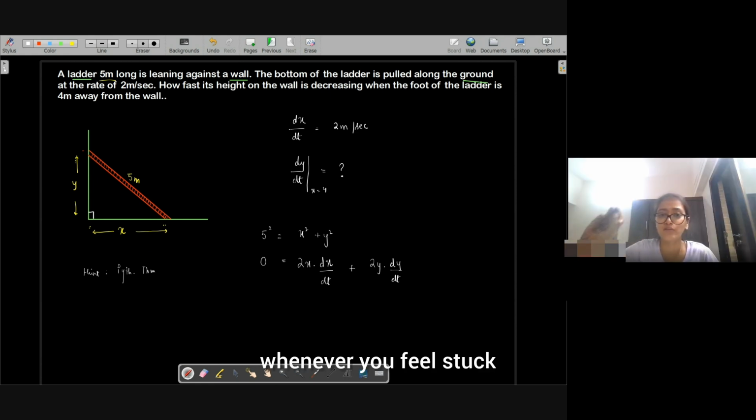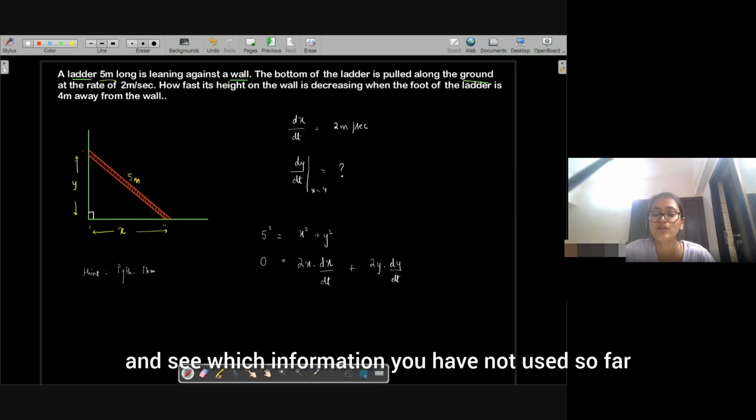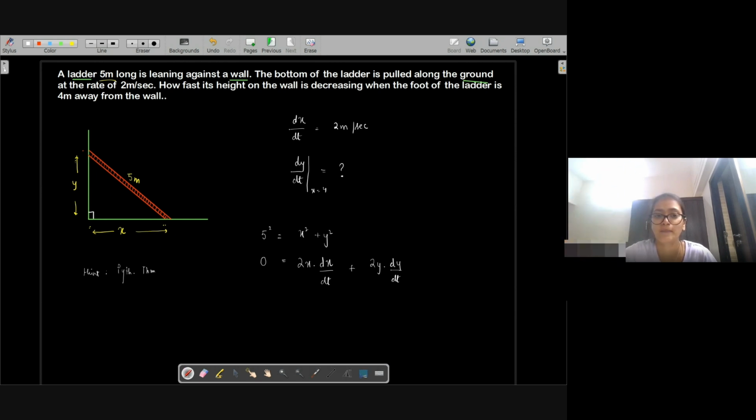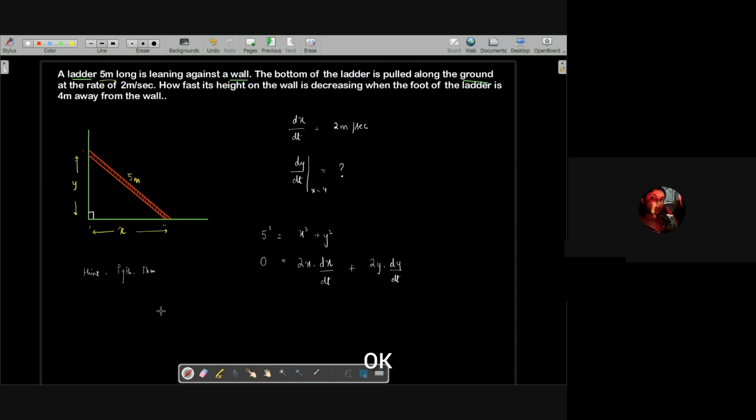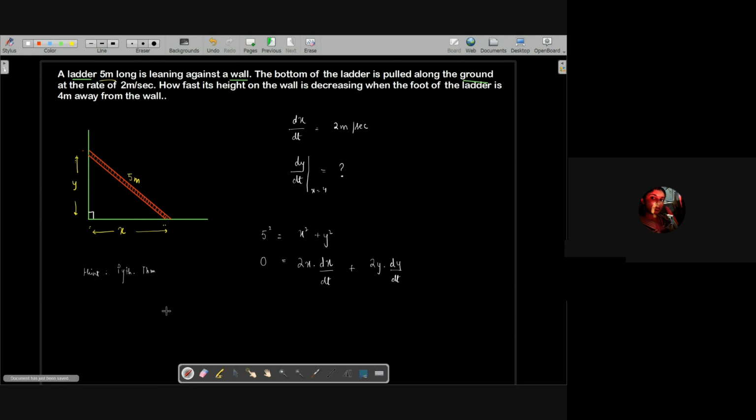Whenever you feel stuck, always go back to the question and see which information you have not used so far. How fast is the wall moving when the foot of the ladder is 4 meters away from the wall? So x equals 4 and dx by dt is 2.